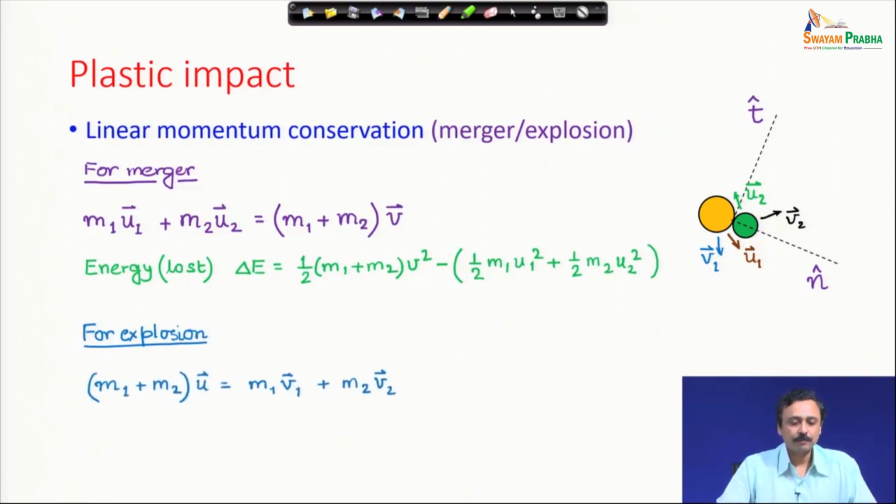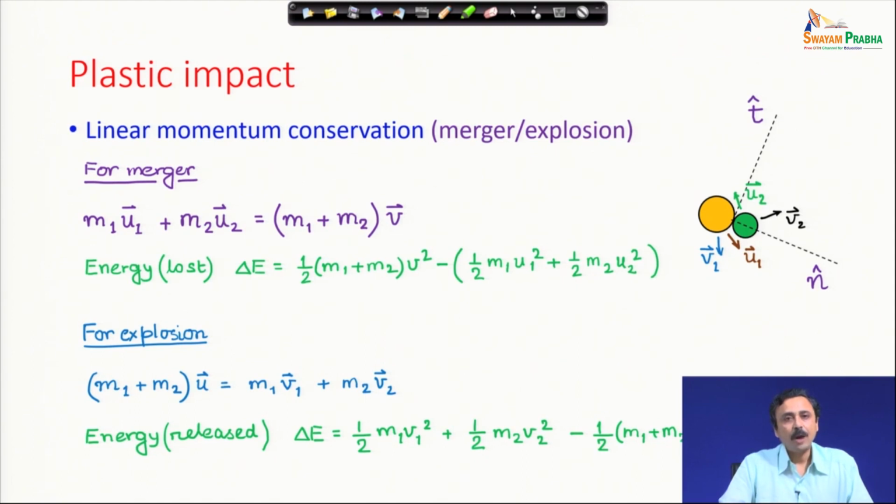For explosion, the initial body was a single piece, and you have two pieces generating out of it, suppose m1 and m2. So, the initial body had mass m1 plus m2, initial velocity was u, let us say, and the final velocities of these two pieces are v1 and v2, then linear momentum conservation is as shown.